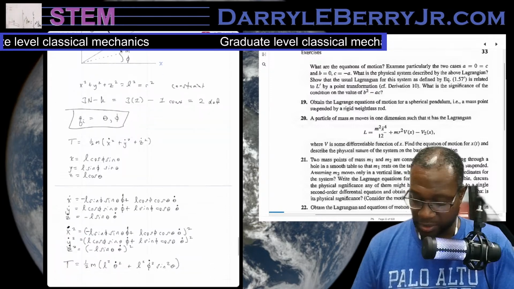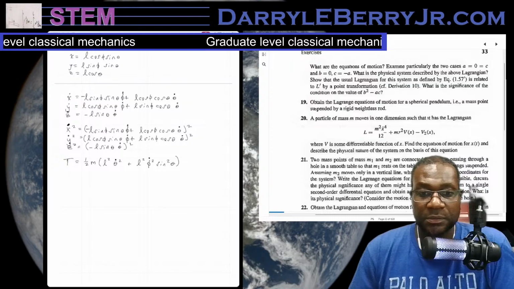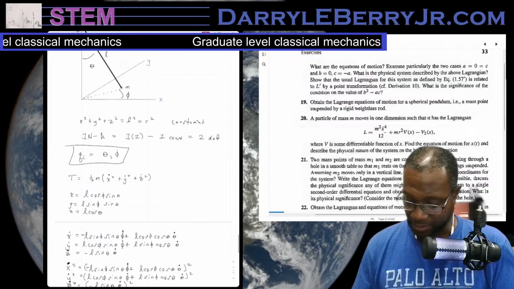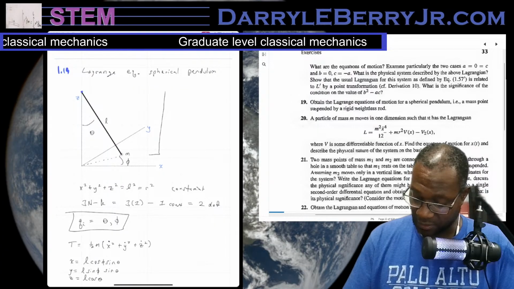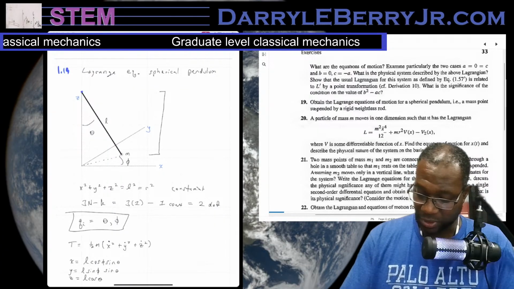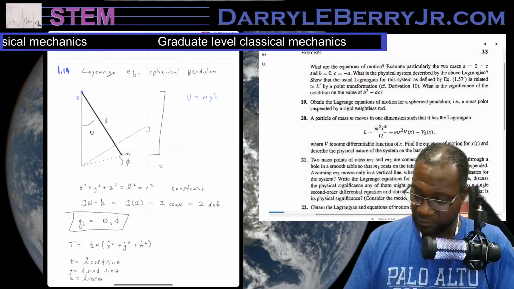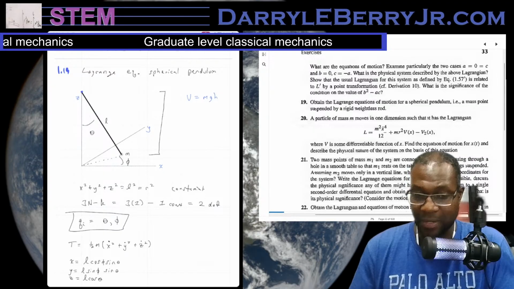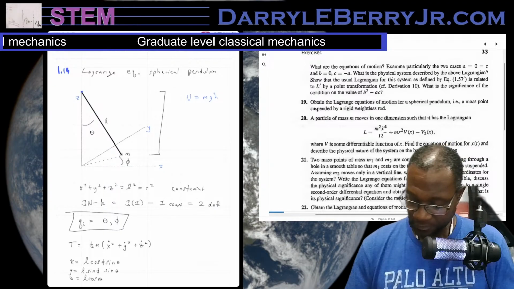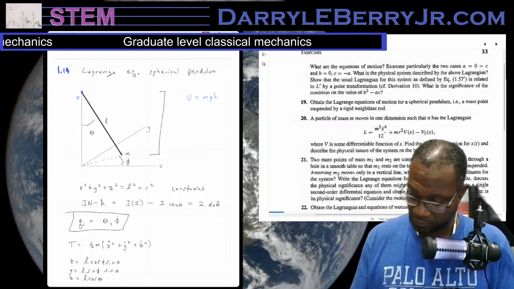Then we need the potential energy to get the Lagrangian. Looking at the pendulum, we have this height here. Generally potential energy is mgh: the mass of the particle, gravity, and how high it has to fall.